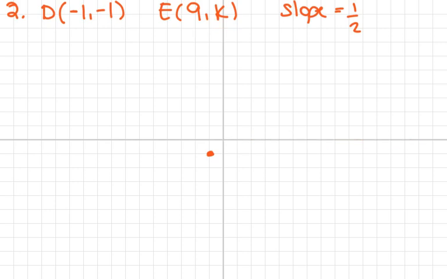Now, starting at (-1, -1), which is point D, using the slope, which is 1 over 2, and slope, remember, is rise over run, I'm going to rise and run 1 over 2 from D. So rise 1 and run 2. My next point is there.